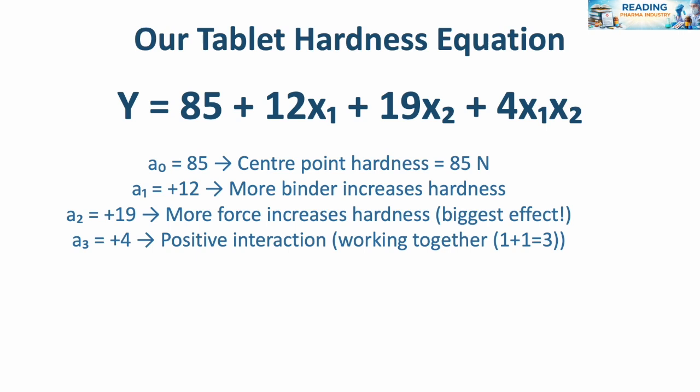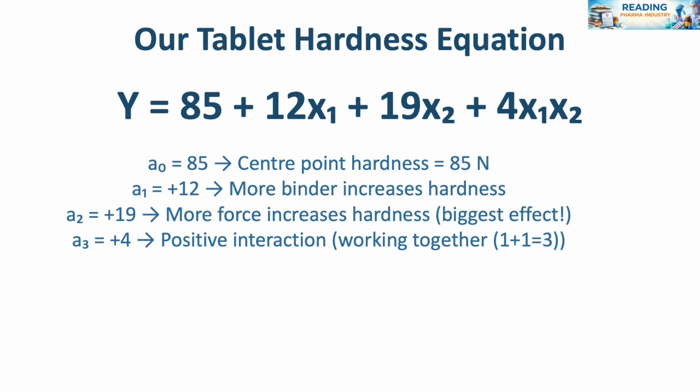So when you have a1, that means it's a positive increase, and that basically means more of the binder, because x1 refers to the binder amount, will increase the hardness. And basically increasing binder amount increased the hardness of the tablet, and you would expect that. Look at the number 19.